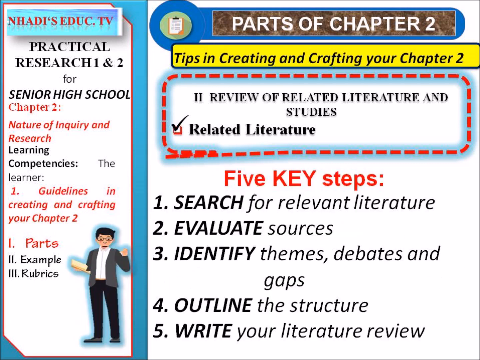First, search for relevant literature, which is related to your topic. Number 2, evaluate sources. You need to evaluate your sources because sometimes they are not relevant. Number 3, identify themes, debates, and gaps. Number 4, outline the structure. And 5, write your literature review.